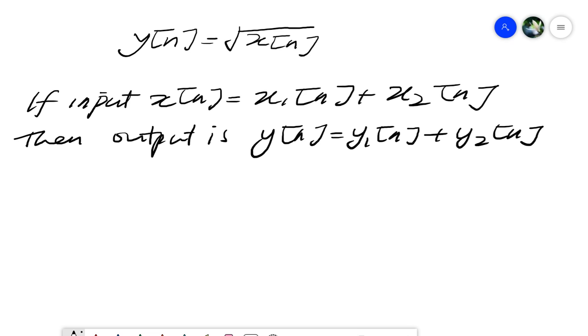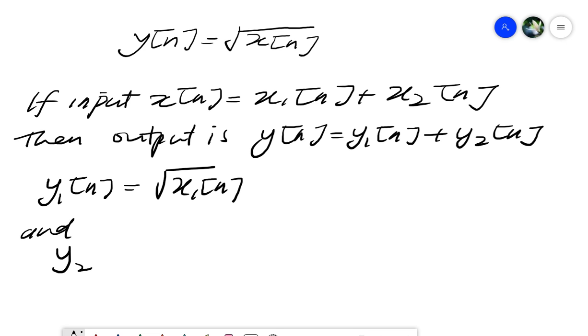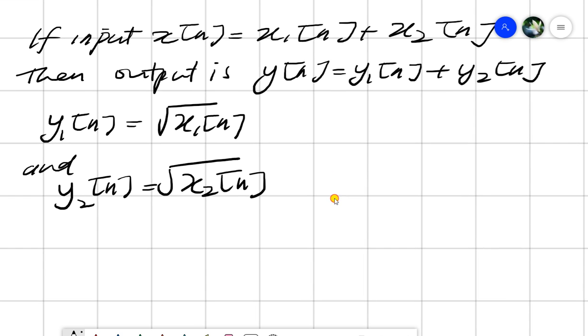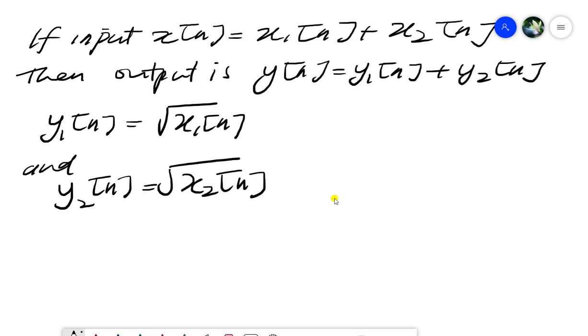In this case, you can write y1[n] equals x1[n] and y2[n] equals x2[n]. You can write like this, whichever way makes you understand your work better.